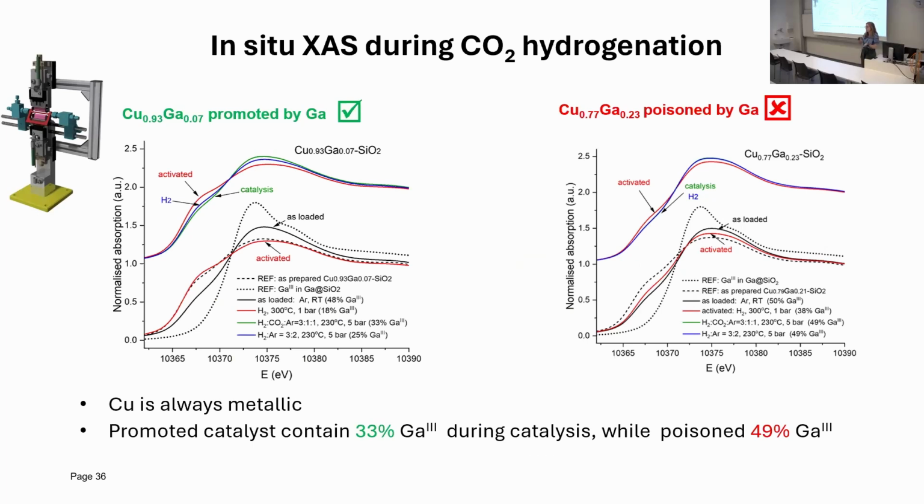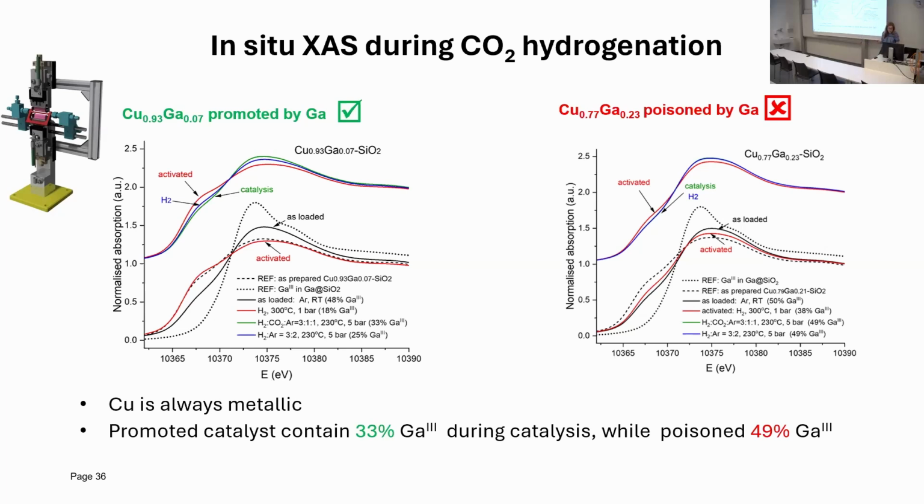When we pretreated, added CO2, then again removed CO2, we could see more variation of the oxidation state of gallium. But it was 33% cationic gallium under catalytic condition, and the rest was metallic. In the case of the poisoned catalyst, it was also a mixed oxidation state, but with more cationic gallium.